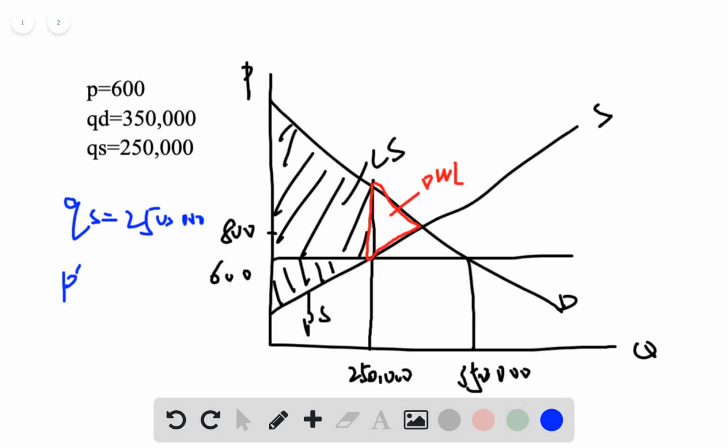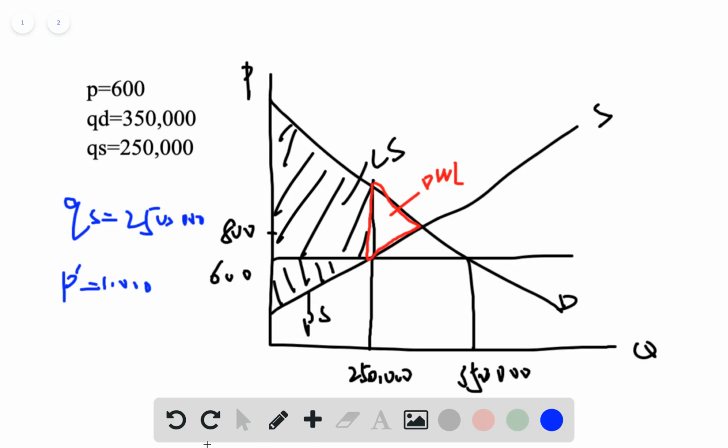So we need to go back to the table. If you go back to the table, when the price is $1,000 per month, the quantity demanded is exactly 250,000. So that means there are 250,000 apartments in the market, and if the supplier sets the price to $1,000, the quantity demanded is also 250,000.